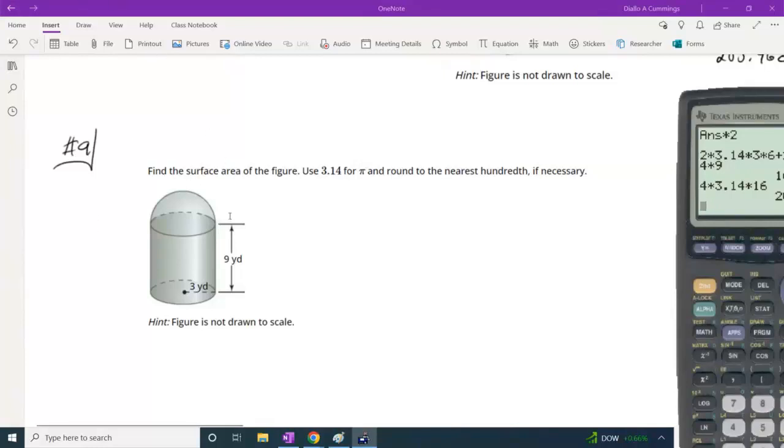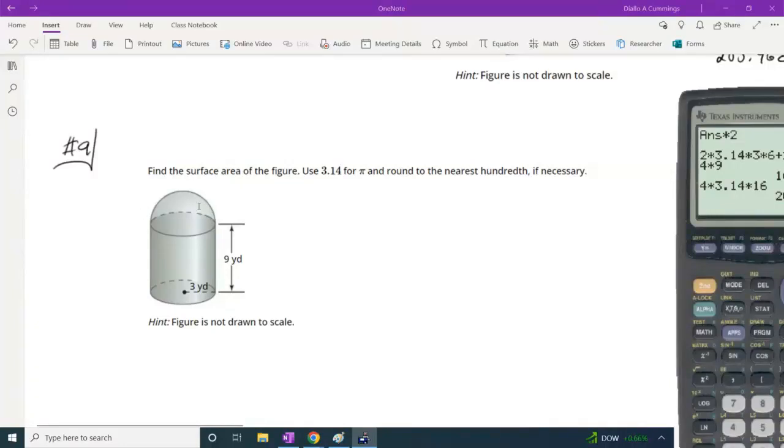So I have a semicircle and I have a cylinder. But notice on the cylinder, I don't want the area for the top of the cylinder. I only want it for the sides and for the bottom.